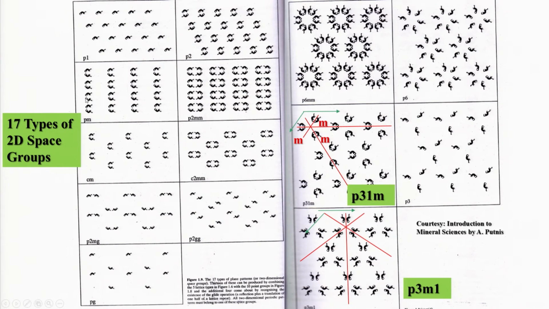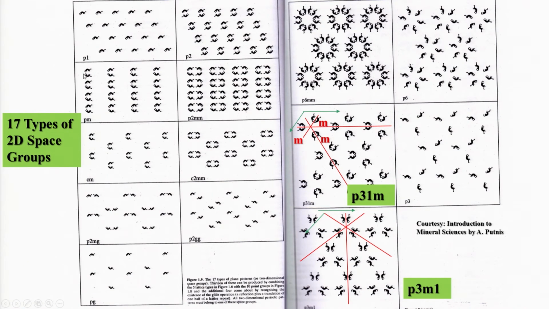Now, let us come to this third type here, we call it the P M type. This is where it comes in the rectangular plane lattice. When you have P M, you have a single mirror plane here. If this is the orientation of this dinosaur, and you have a mirror plane of this orientation, this dinosaur in this row will be reflected and will generate another row of the inverted image of this dinosaur.